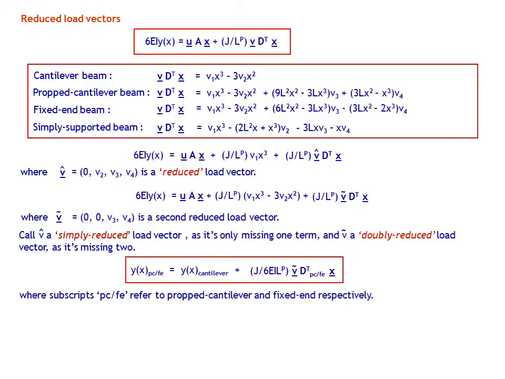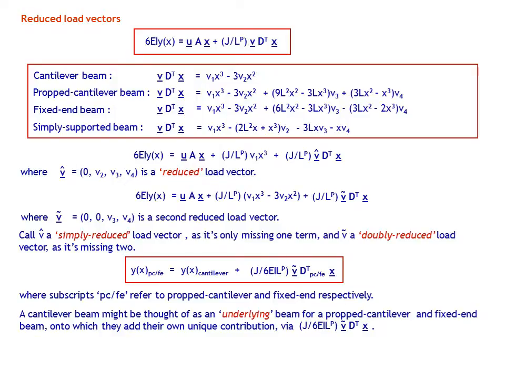We now have a relationship linking these three beams. It looks like the cantilever beam acts as a kind of underlying beam for the propped cantilever beam and fixed end beam, onto which they each add their own unique contribution via j over 6EI Lp v tilde dtx. By differentiating this relationship, we can derive the corresponding relationship for the slope, moment and shear equations between these three beams.